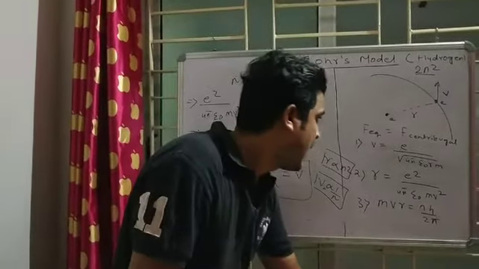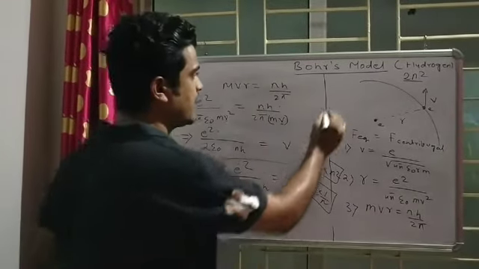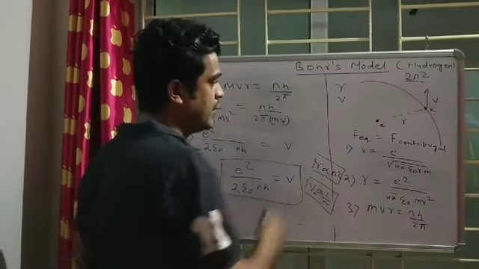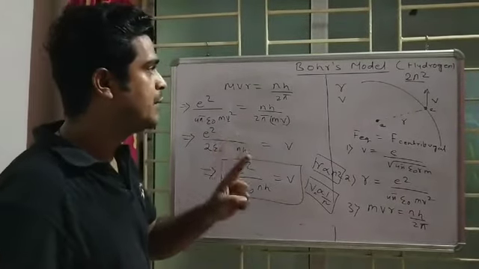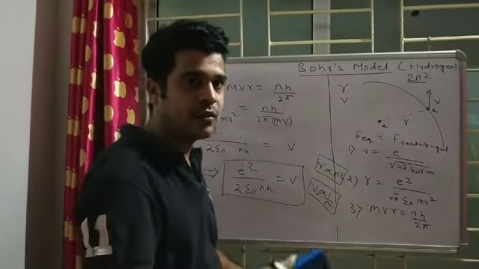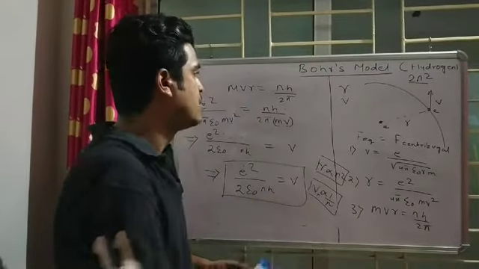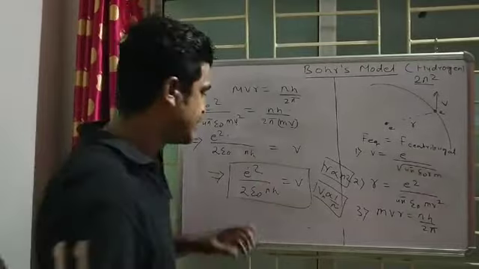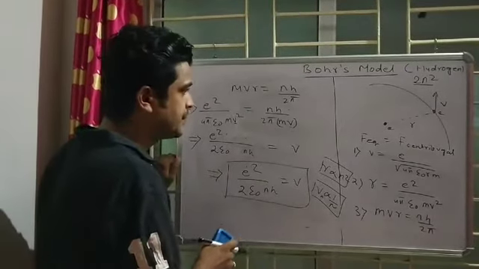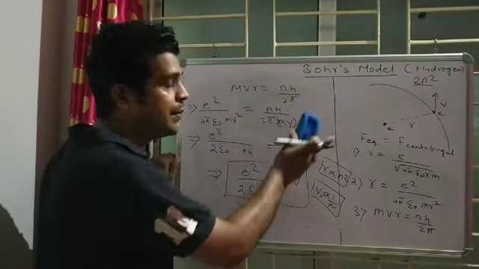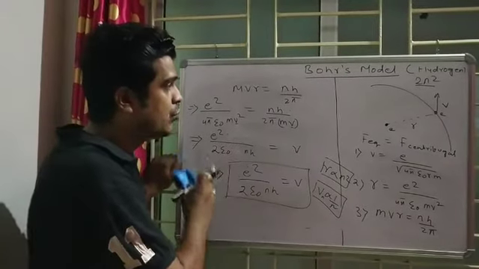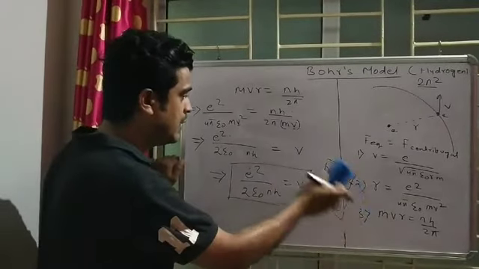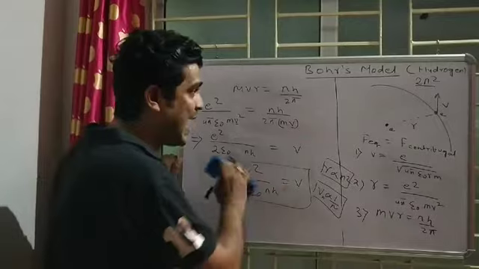So here I derived the expression of radius and velocity. In the very next class, I will derive the expression of energy, because if I do it now, the video will be a lengthy one. Till now, what we have studied are the three postulates of Bohr's model and how to derive the velocity and radius of the hydrogen atom.